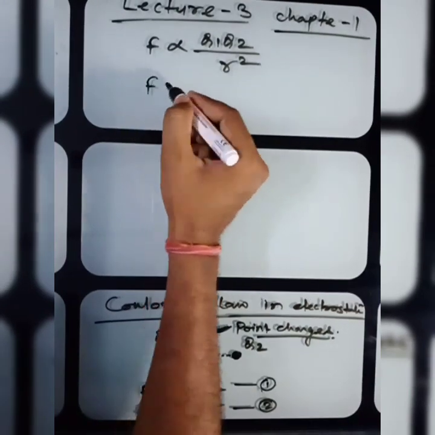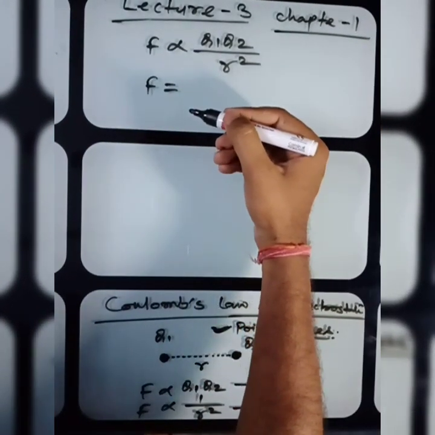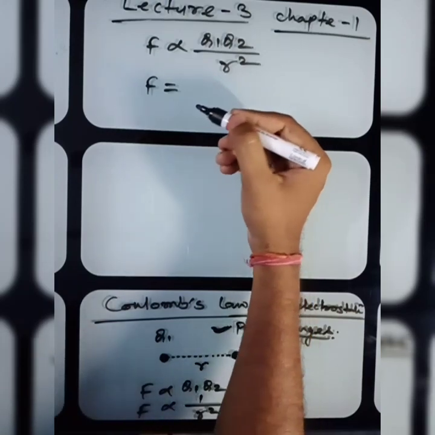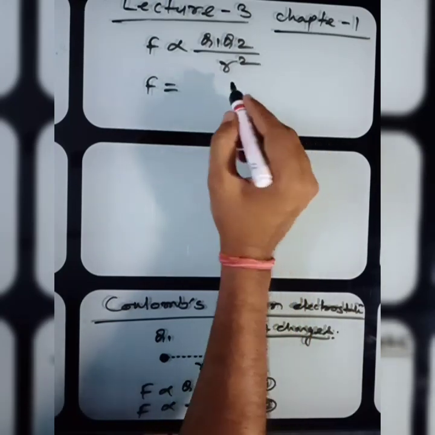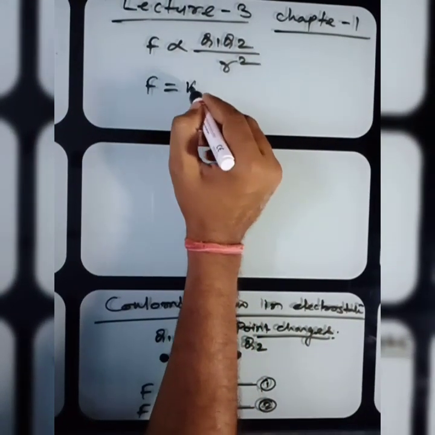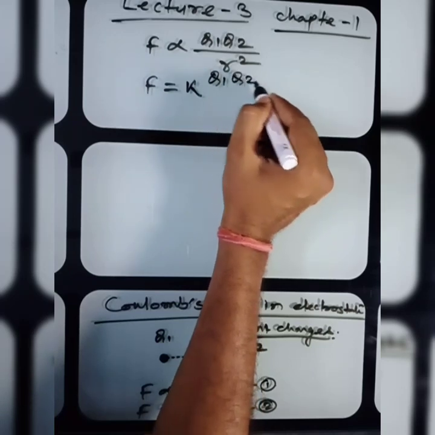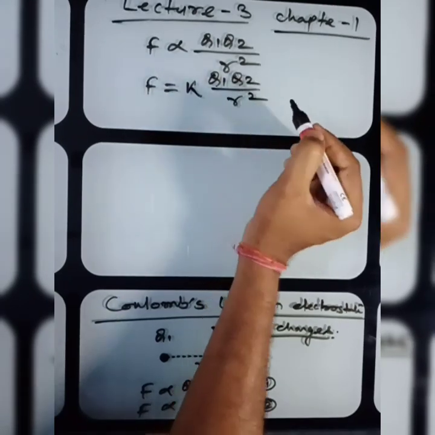Replacing the proportionality with a constant, Coulomb found that for each pair of charges there is a fixed amount. It is considered as k, a proportionality constant, so F equals k q1 q2 by r square.